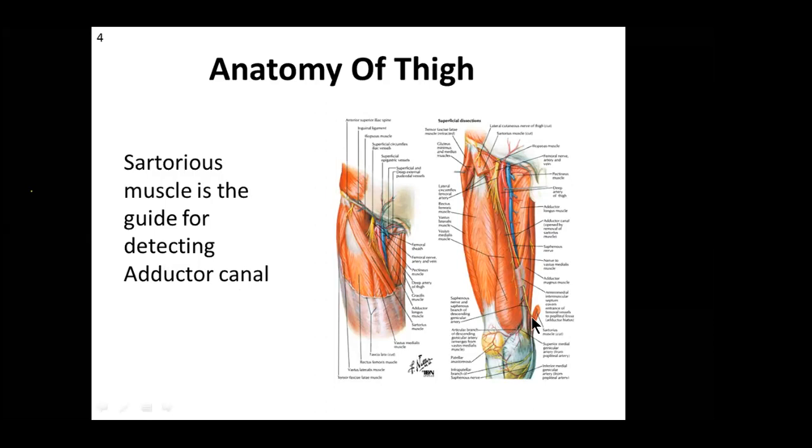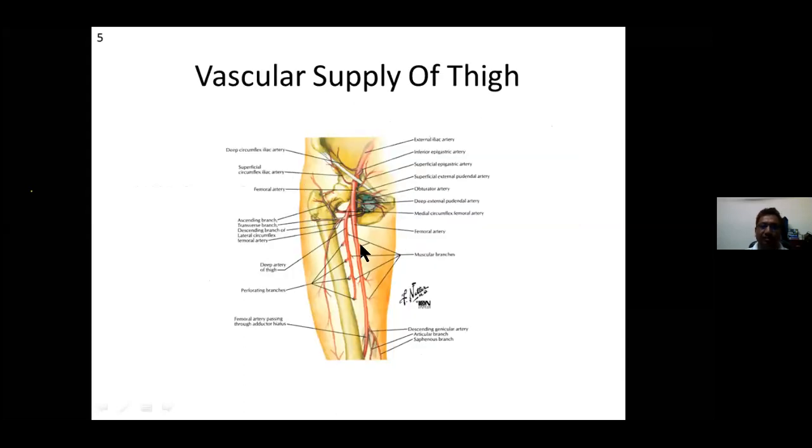This is the cross section of the sartorius, and major vessels run under cover of it. This is the vascular supply of the thigh. Look, the major vessels run from the inguinal ligament, almost medial to the femur, down to the knee joint.